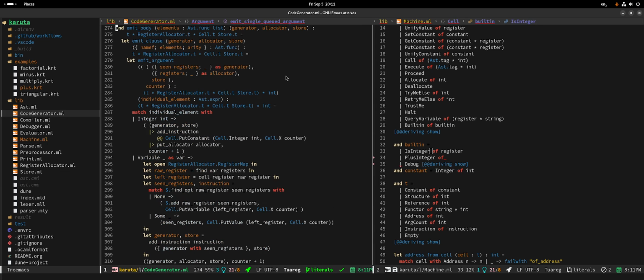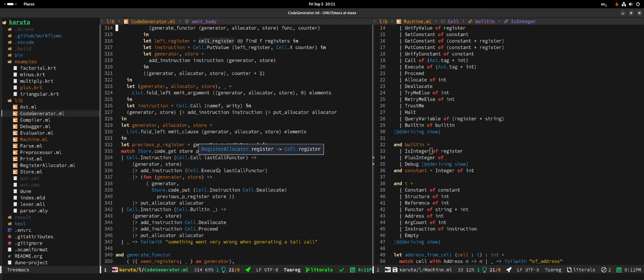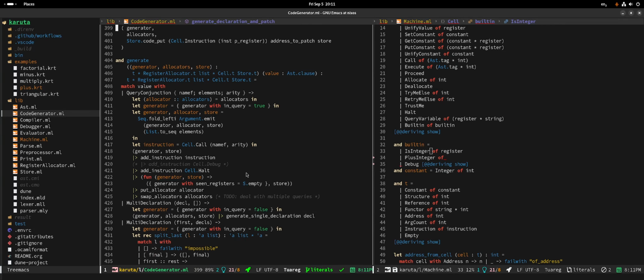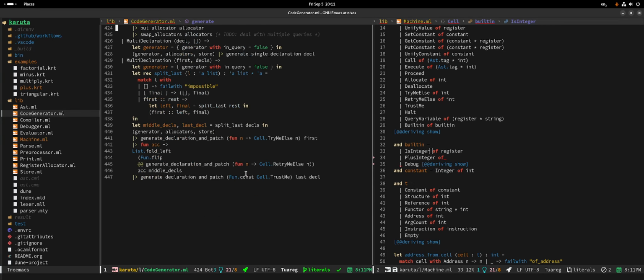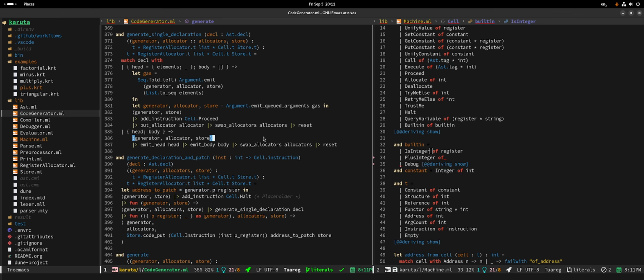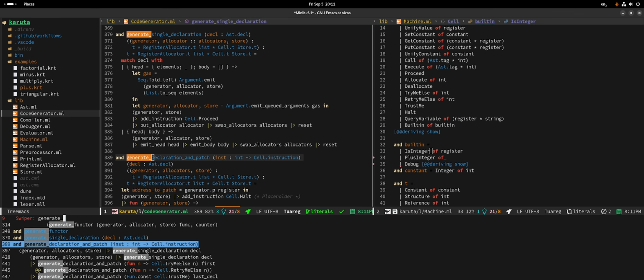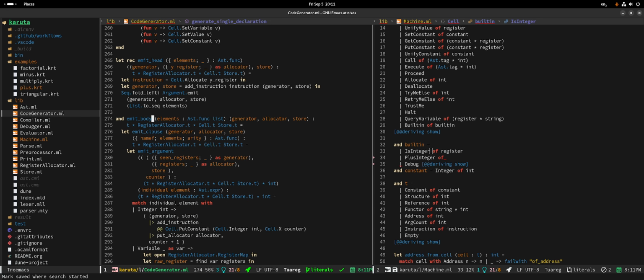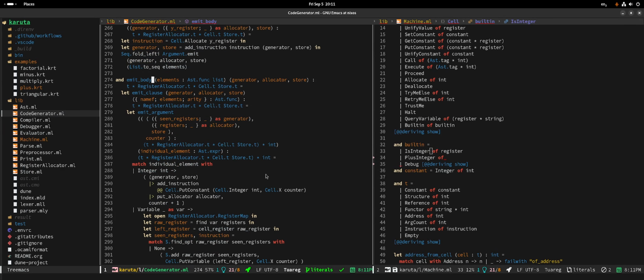That's very non-specific. I think we have a lot of code related to many things. Could you be more specific, maybe? I think it's generate body if I'm not mistaken. Not generate body. Maybe emit body. Yeah, we need to fix the naming convention. There we go.